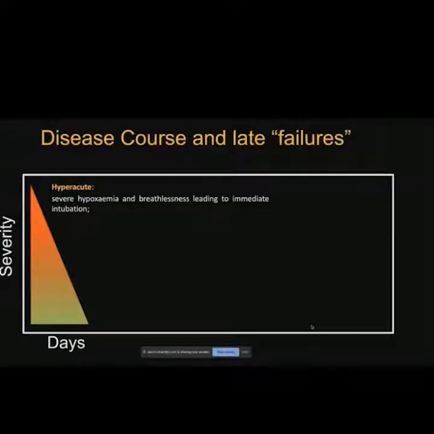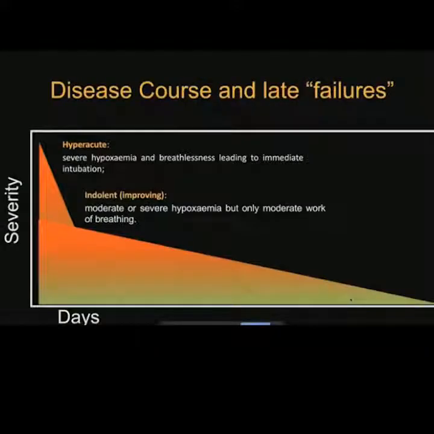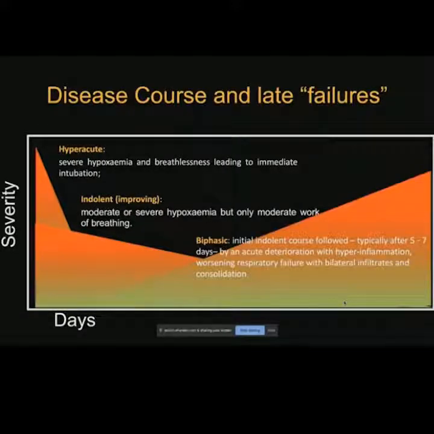Or you could have some patients who are lucky and present with an indolent course, in which they have moderate or severe hypoxemia but only moderate work of breathing. Those patients could potentially be trialed on non-invasive ventilation. But then you also have to be aware of biphasic patients, who have an initial indolent course followed, typically after 5 to 7 days, by an acute decompensation.